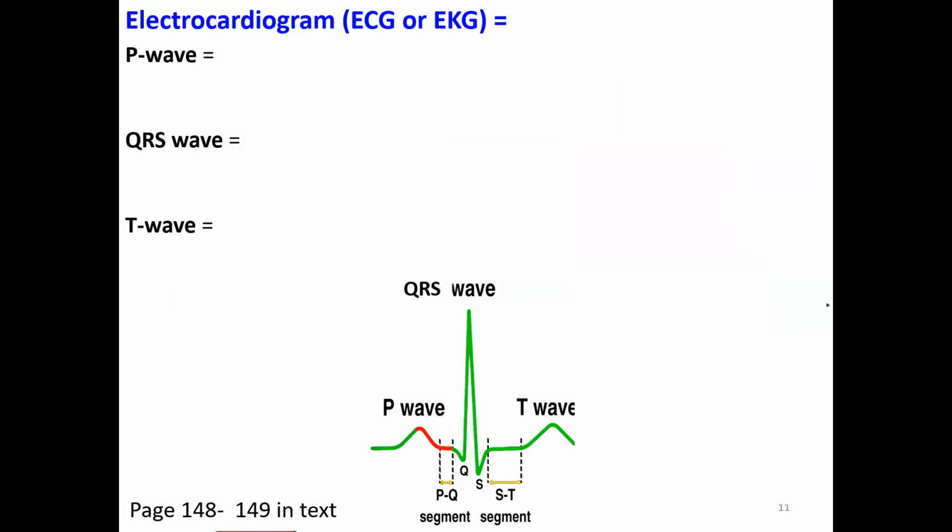So your EKG, all right? There's a P wave, and then you have a dip down here, the QRS wave, and then a little T wave that follows that. Okay, so here's what's happening with the P wave. During the P wave, you're looking at the atria contracting.